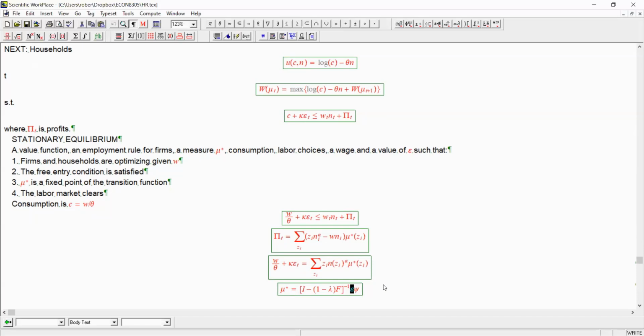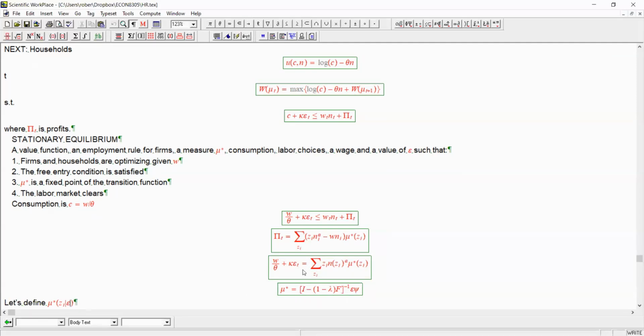So now let's define a new function. We're going to call it mu star of ZI given epsilon. So give me a value of epsilon, I'll give you a mu star.